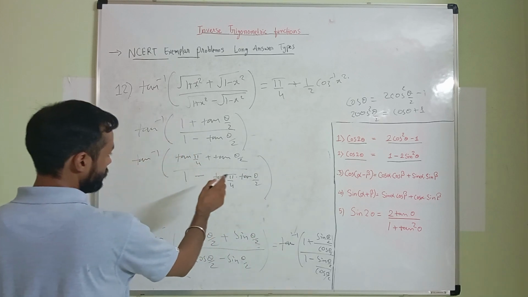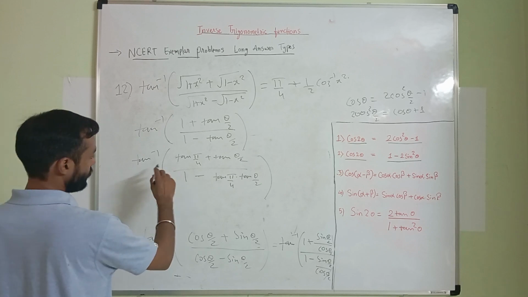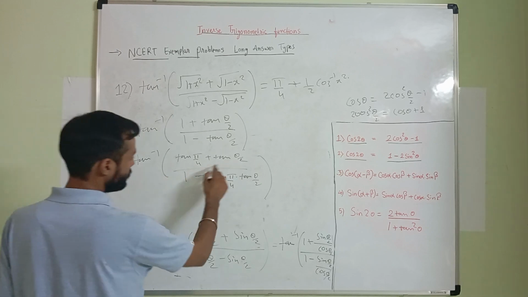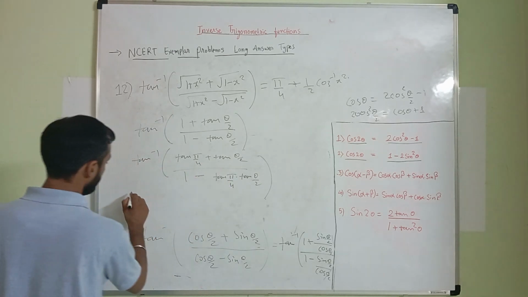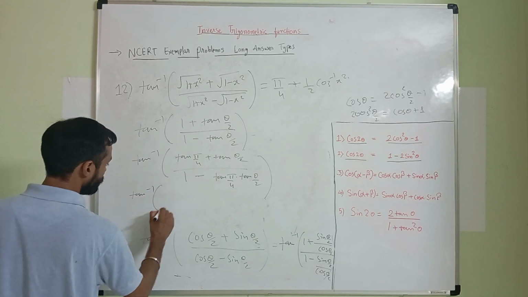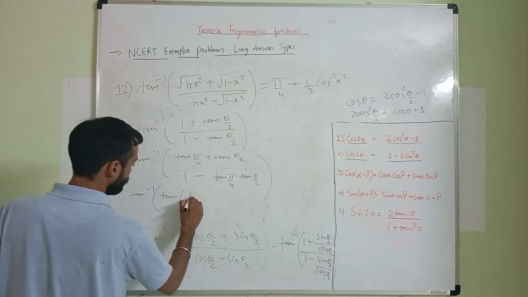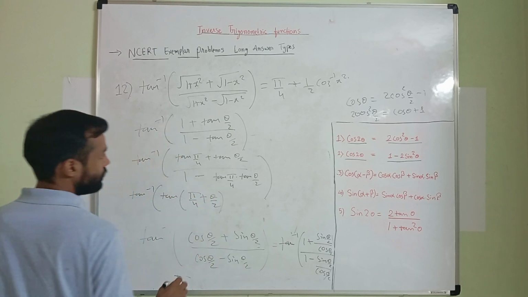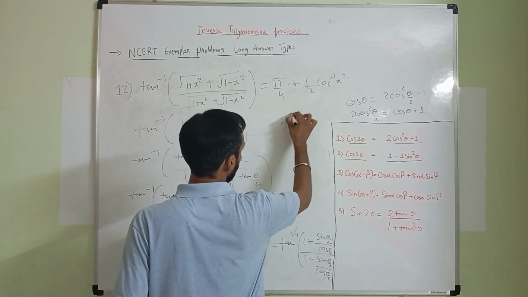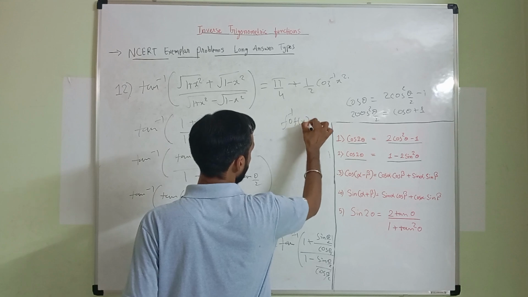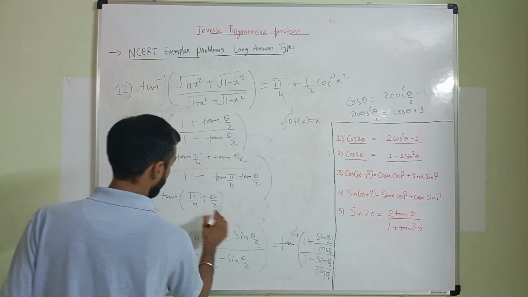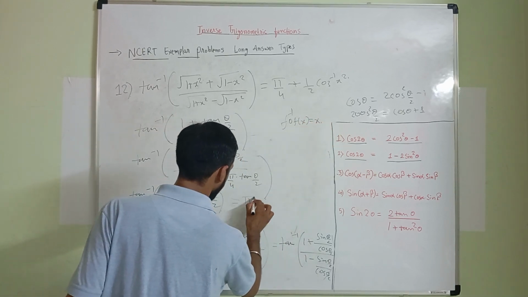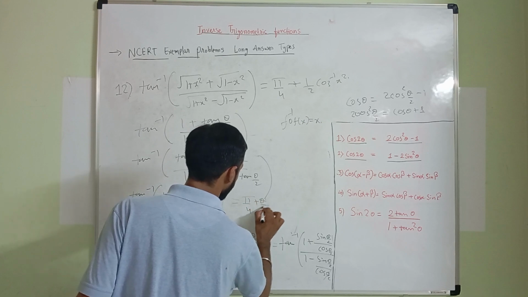Now applying this formula of tan, that is tan of pi by 4 plus theta by 2, we will have this equation. So ultimately we get tan inverse of tan of pi by 4 plus theta by 2. Now applying this property, f inverse of f of x is equal to x, our final value will be pi by 4 plus theta by 2.